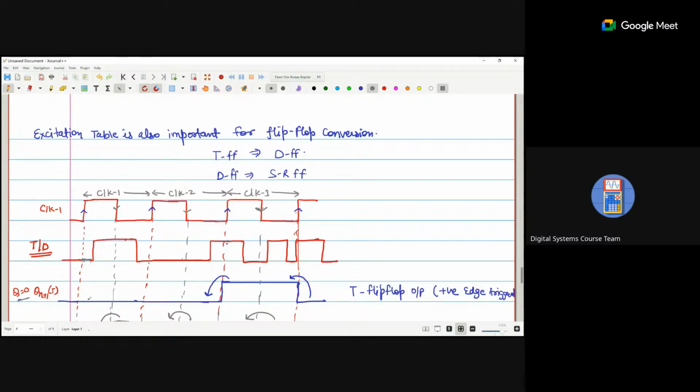Between clock 1 and clock 2, the positive edge appears here and the negative edge appears here. So at this instant, this one is the previous and this one is the next. So this one is Q and this is Qn plus 1. Okay, understood?